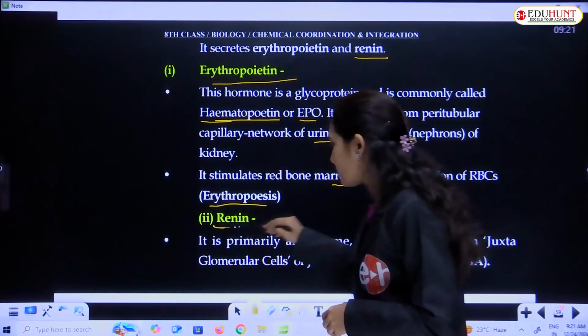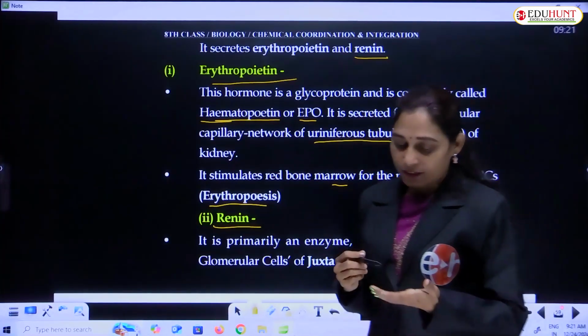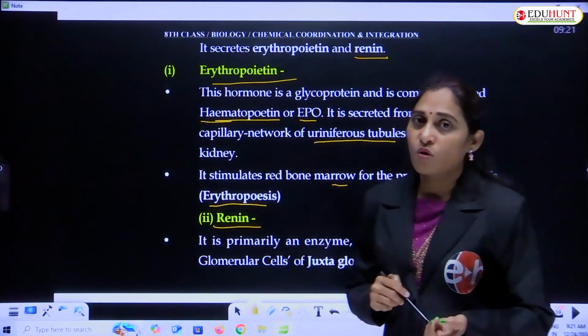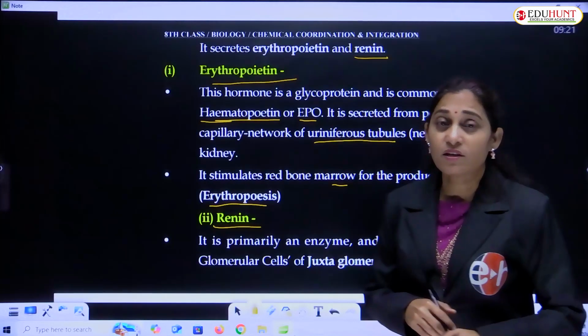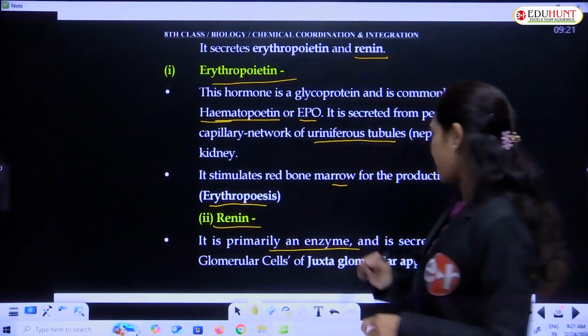And the next one is renin. In addition to erythropoietin, renin is also secreted. Basically, renin is an enzyme. Primarily, it is an enzyme.